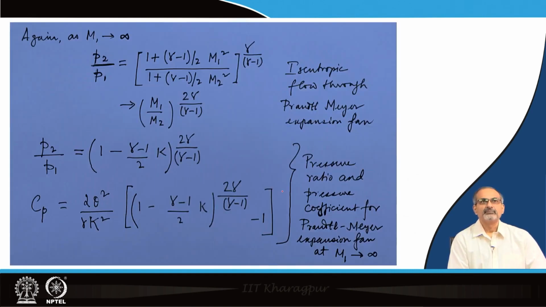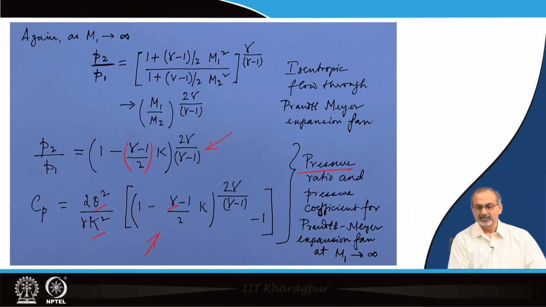Again, P2 by P1 in terms of the similarity parameter can be expressed like this: 1 minus (gamma minus 1) by 2 into K, the whole raised to the power of 2 gamma by gamma minus 1, and an expression for Cp, which again is in terms of theta, K and gamma.